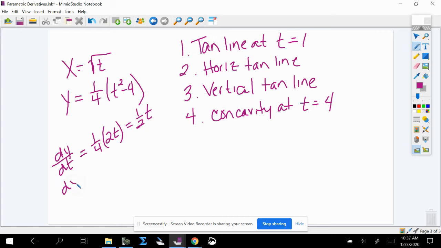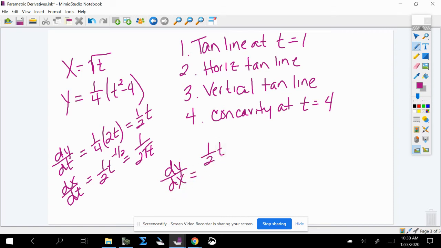Then for dx/dt, power out front, power 1 less, we get 1/2 square root of t. So my overall derivative, dy/dx, is the 1/2 t on top and the 1/2 square root of t on the bottom.